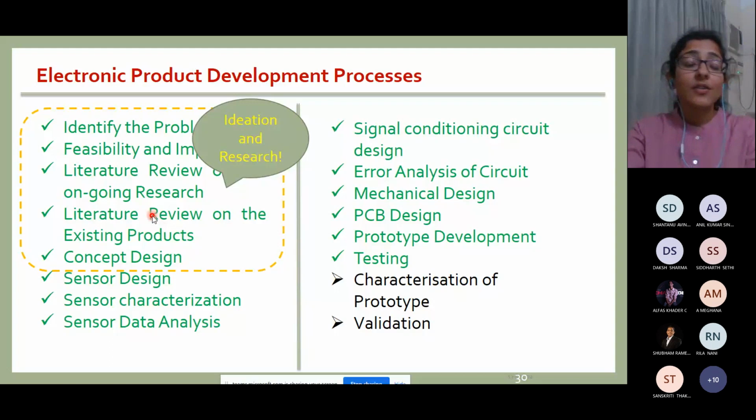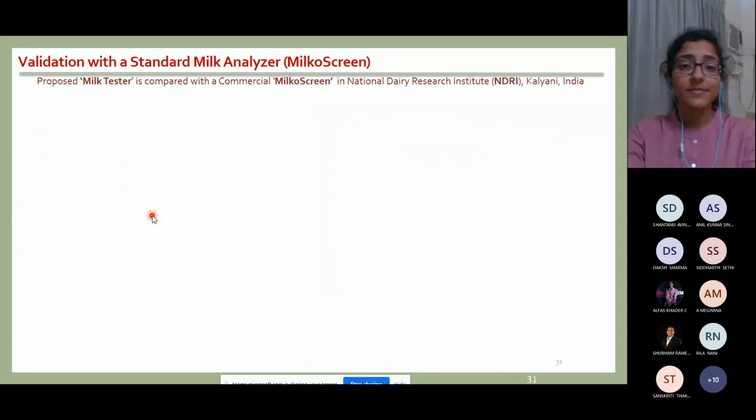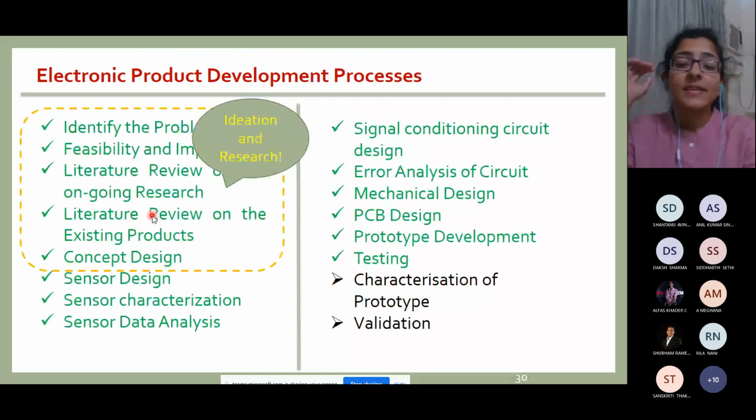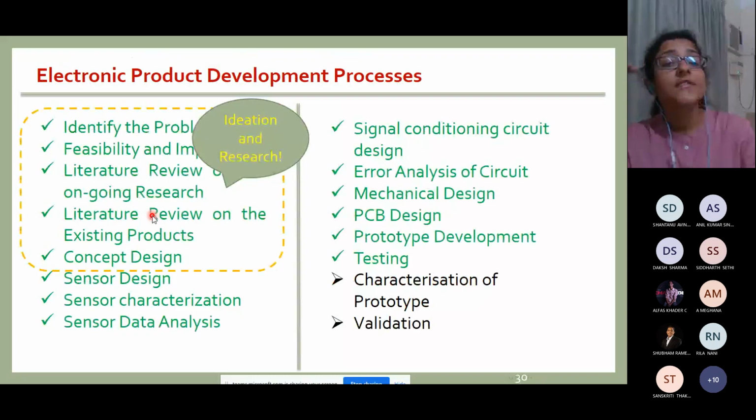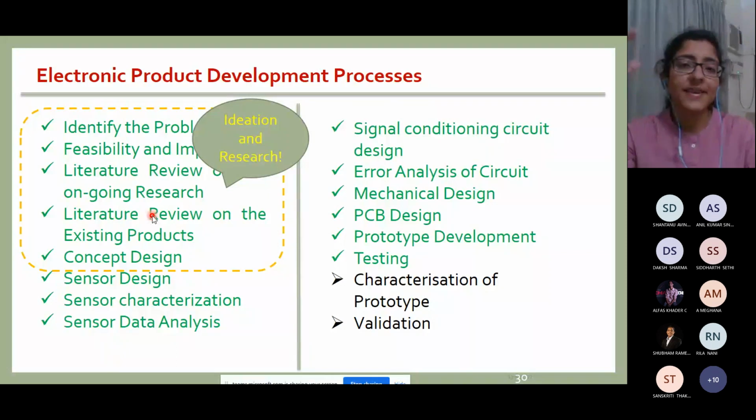Also, we need to do the characterization of this prototype, as well as the validation of the product: whether your product is comparable with another existing product, whether it can beat or compete with the existing product or not. For that you need validation, and it is a very, very important part of any product. It may be electronic, mechanical, whatever, but you need to validate whether it is competing with the existing product or not.